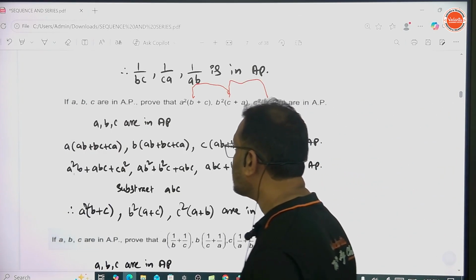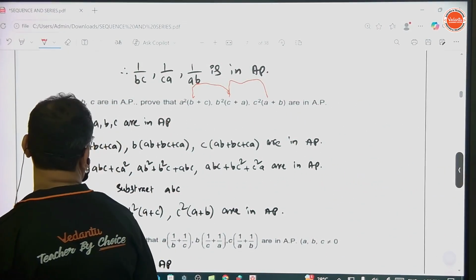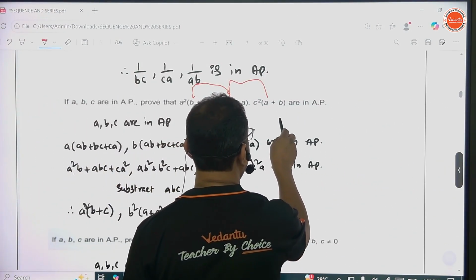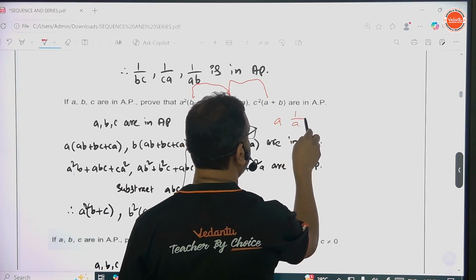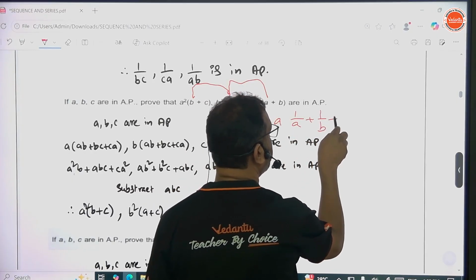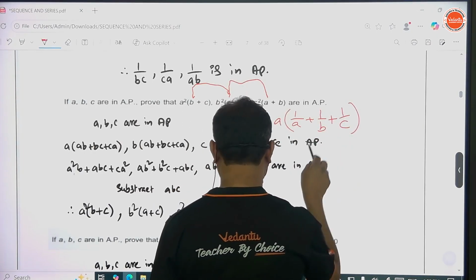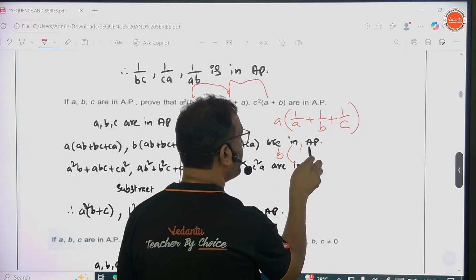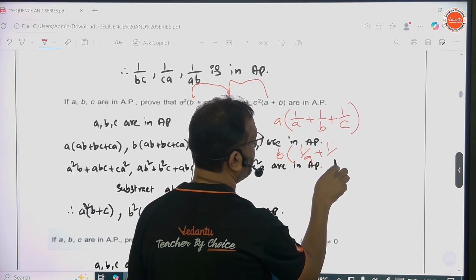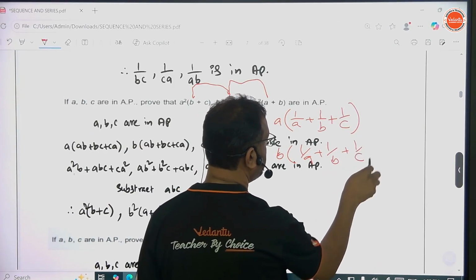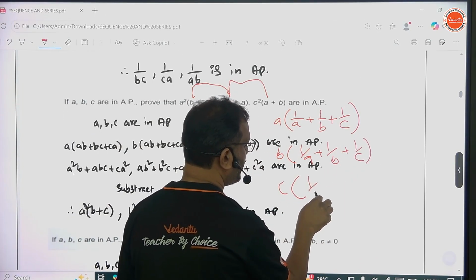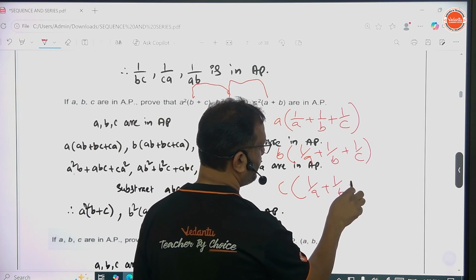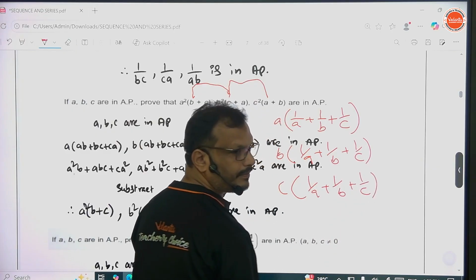Multiplying by 1 by A plus 1 by B plus 1 by C. If I multiply A, B, C values with 1 by A plus 1 by B plus 1 by C, here B with 1 by A plus 1 by B plus 1 by C, and C with 1 by A plus 1 by B plus 1 by C, that will be in AP.